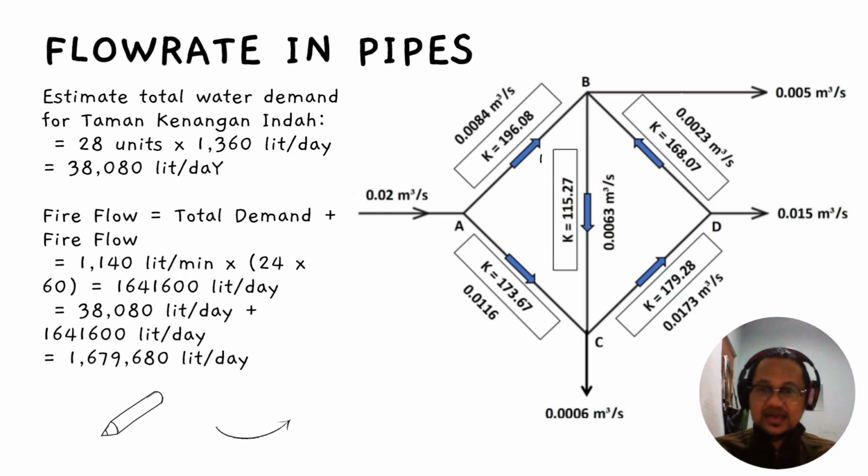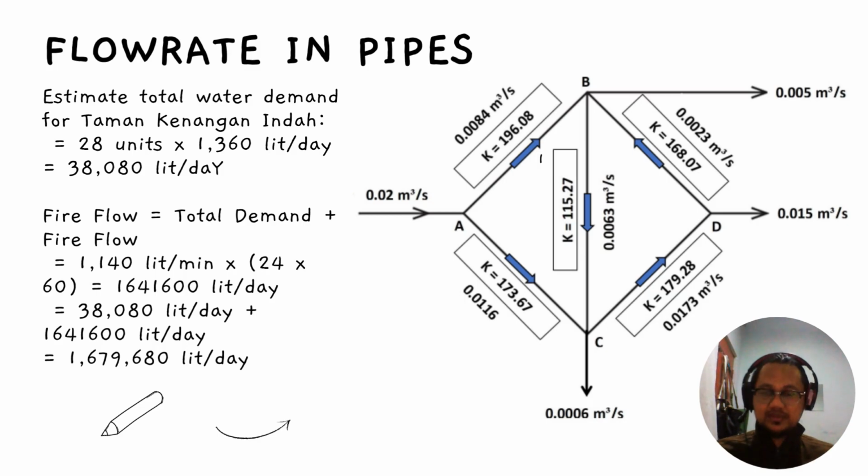Okay, in this slide, I will show you in short how we determine the flow rate in each pipe. First, after we create the detailed diagram of the pipe network, we will use the Hazen-Williams equation to calculate the head loss in each pipe. Before we can calculate, we have to estimate the total water demand for Taman Kenanga Indah. As we know, there are 28 units of houses and 1,360 liters per day of average water demand.